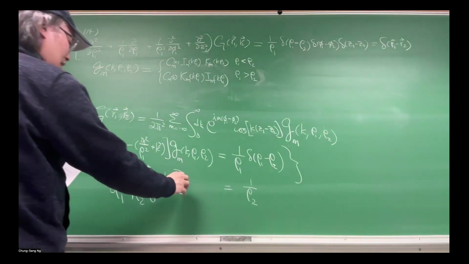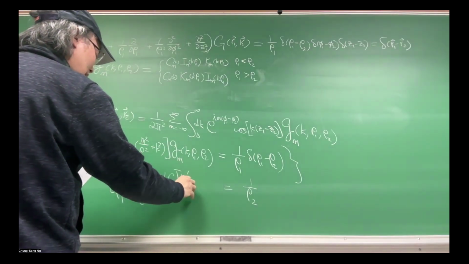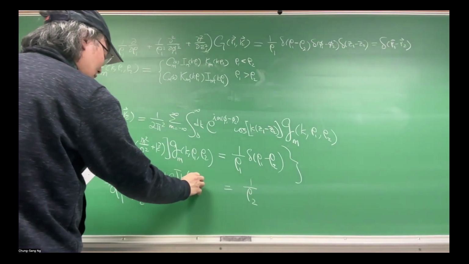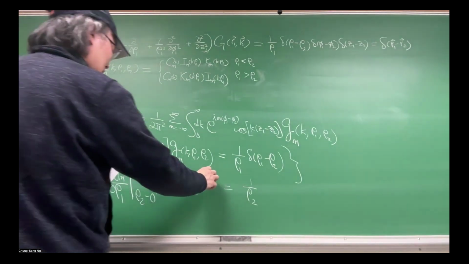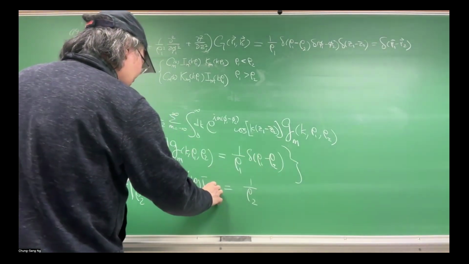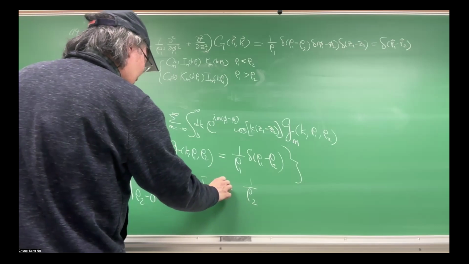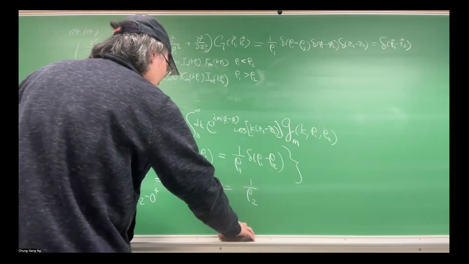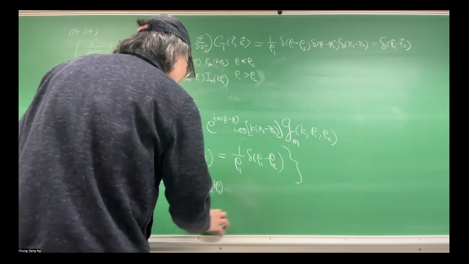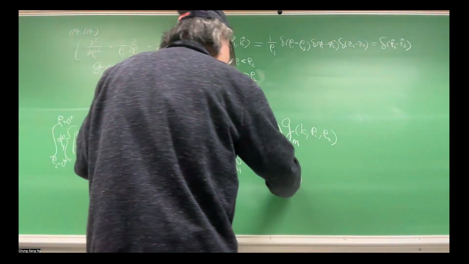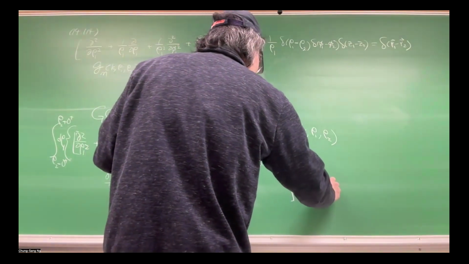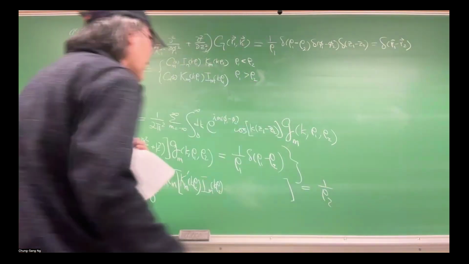Okay, so you have km pi. And finally, evaluate at rho sub 1 equals rho sub 2. And then let's just move this part to the other side, I sub m k rho sub 2. Okay, so that's the upper limit. And finally, that equals 1 over rho sub 2.